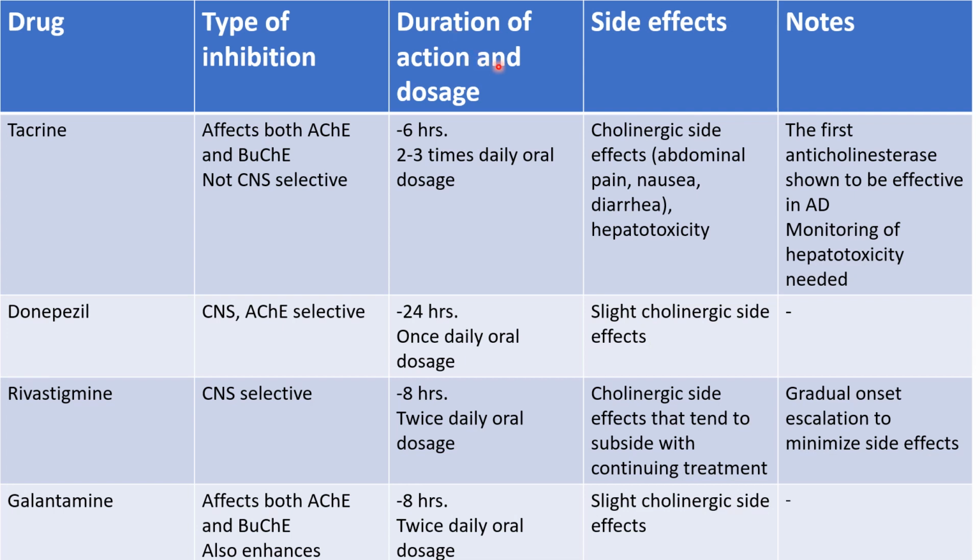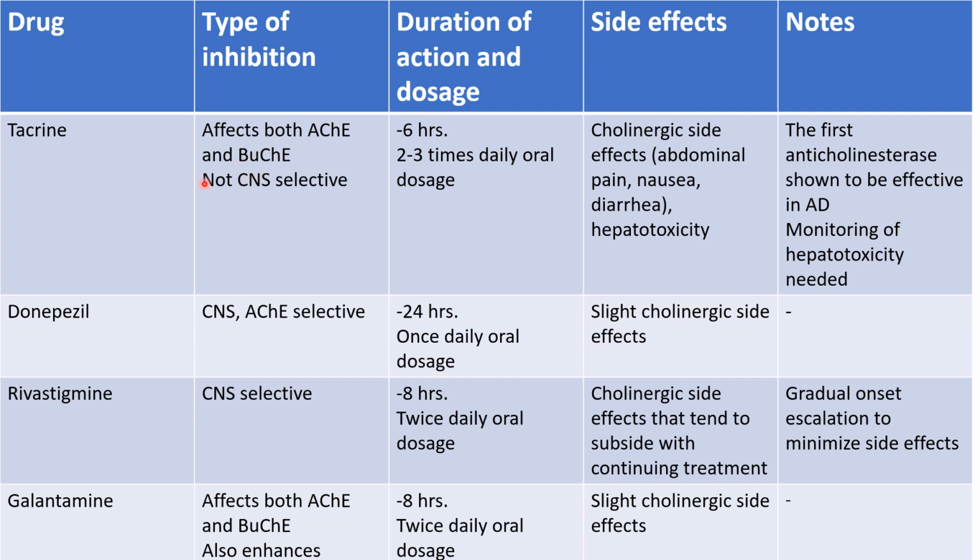So this table shows the various treatment options that are important in case of Alzheimer's disease. First drug or first cholinesterase inhibitor is tacrine, that affects both acetylcholinesterase enzyme and butyrylcholinesterase enzyme, that is another important cholinergic enzyme found in plasma.